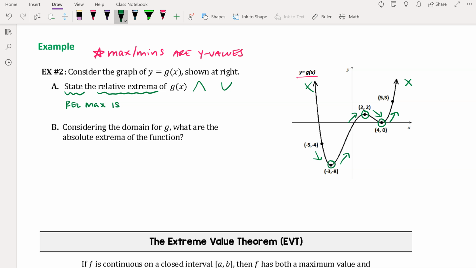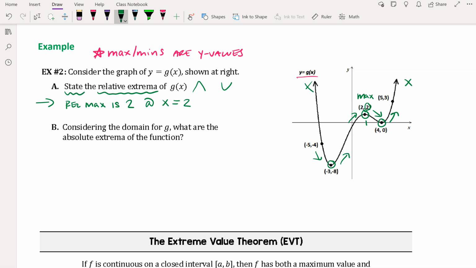So for down here, the relative max is going to be a y value, the maximum y value at the relative max. So let's go ahead and write, this is a max. And here is the relative max. That's the y value, 2. Relative max is 2. And then we're going to say where it occurs, at x equals 2, right? This is the point (2, 2). So at x equals 2.